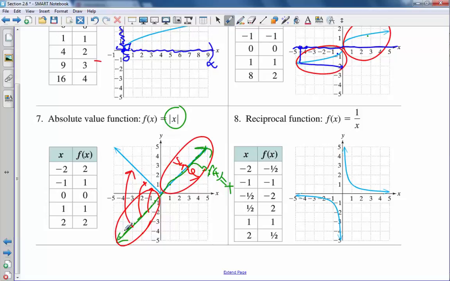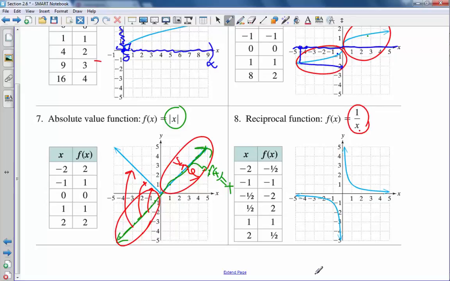And the last one on the list you need to know is the reciprocal of x, reciprocal function, 1 over x, basically. It's just two identical shapes, symmetric with respect to the origin. One is going all the way down, starting from infinity all the way down. The other one is coming all the way from 0 and going to infinity.